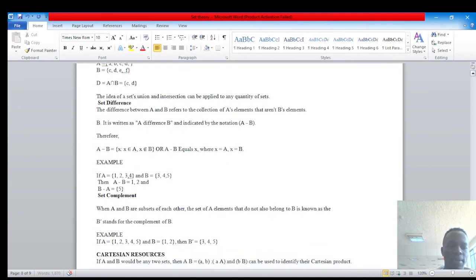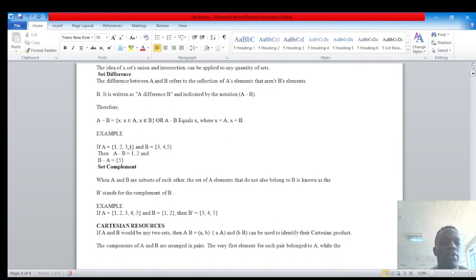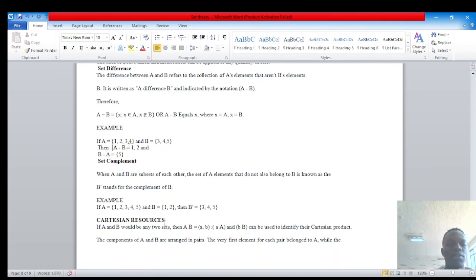Set complement. Mathematically, when set A and B are subsets of each other, the set of elements in A that does not also belong to B is known as the complement of B. The complement is denoted by this, as we had seen earlier. So an example is this one.